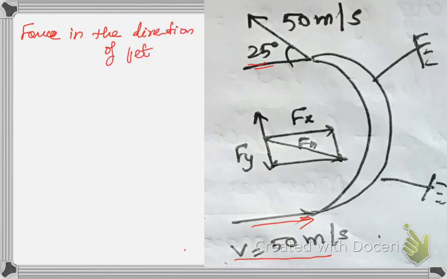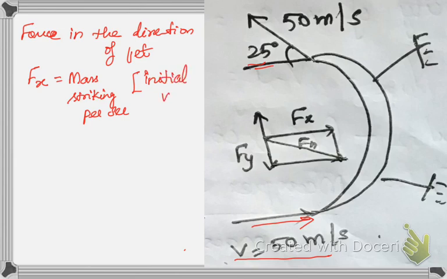So we have to determine both Fx and Fy. The formula for Fx is mass striking per second into initial velocity minus final velocity.